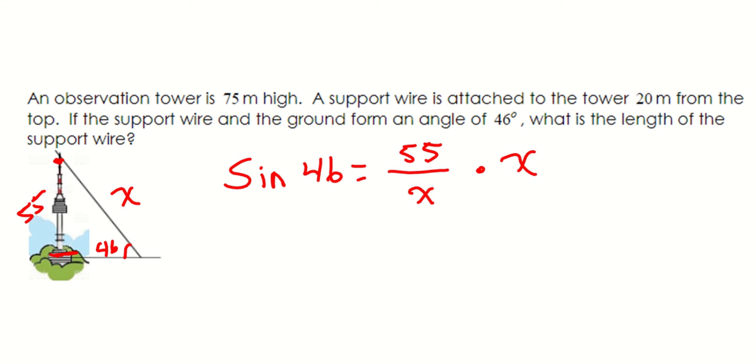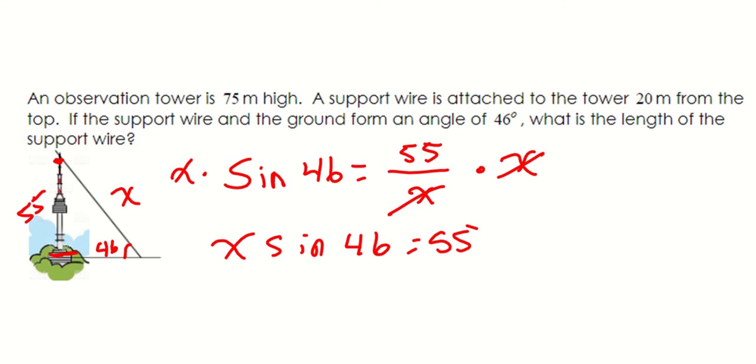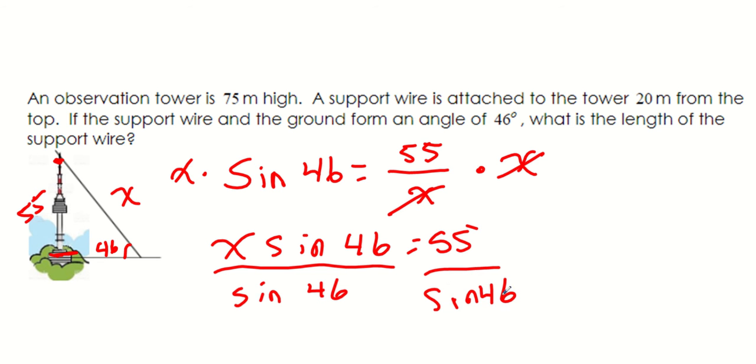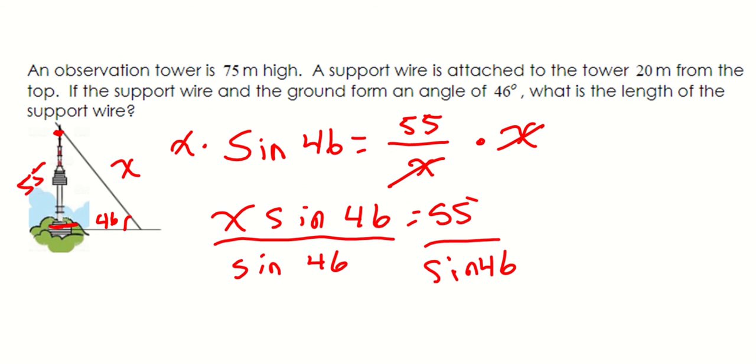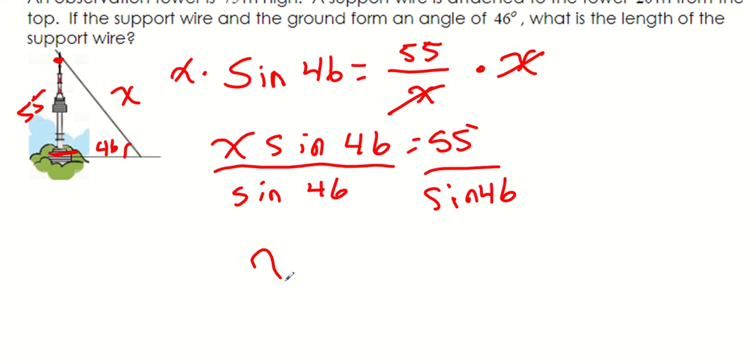We're going to multiply both sides by x. When I do that, it's going to cross out here. And to get x by itself, I'm going to divide both sides by the sine of 46. So that x equals 55 divided by the sine of 46.